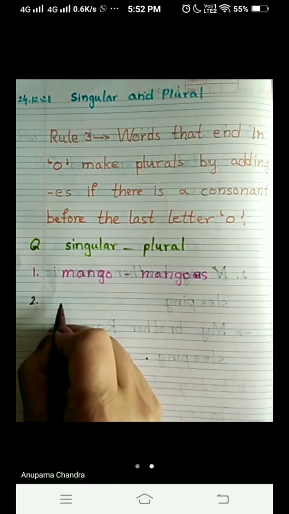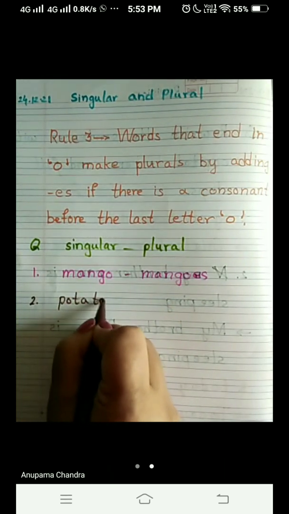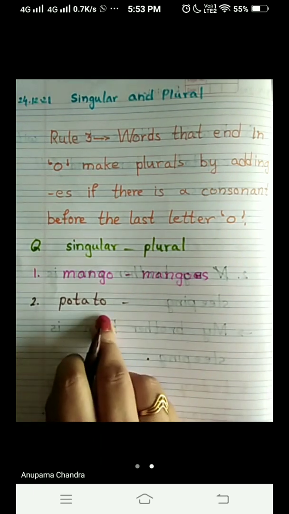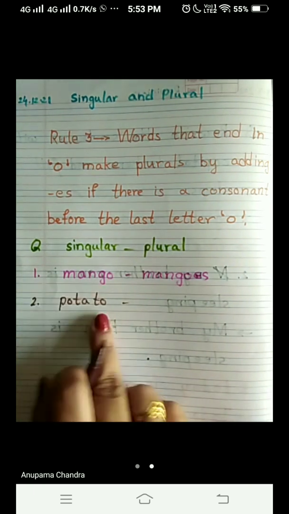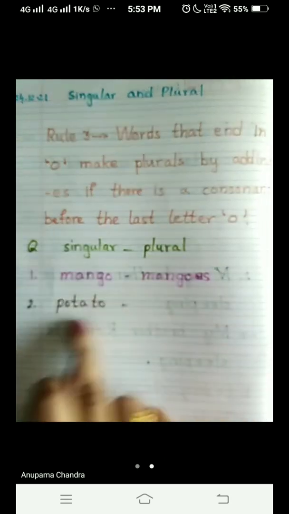Got my point? Let's see one more word. That is potato. Potato. Let's check whether this fits in our rule number 3 or not. To apply rule number 3, we want an O at the end of the word.